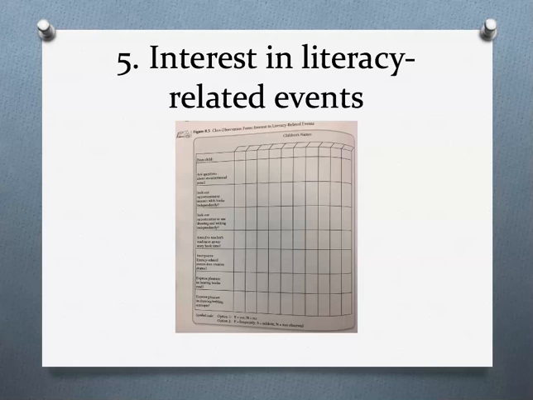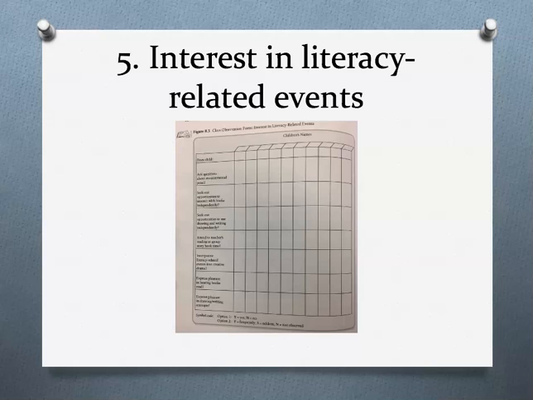Does the child seek out opportunities to interact with books independently? Does the child express pleasure in hearing books read? Does the child attend to the teacher's reading and shared book time? So how interested is the child in literacy activities, and how much is the child engaged while being part of these activities?